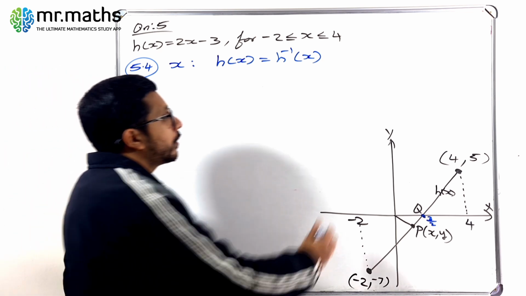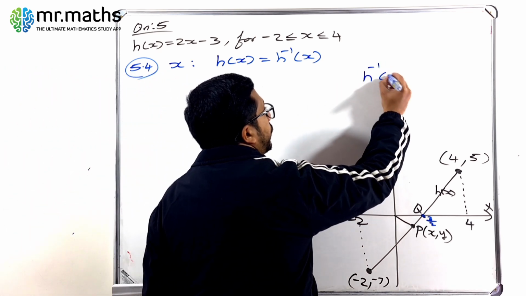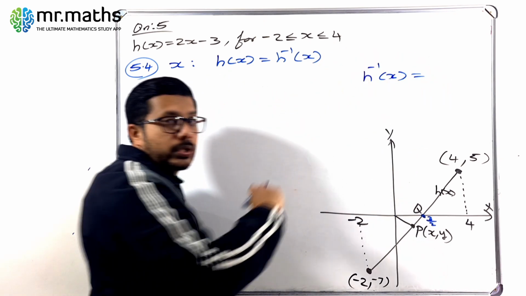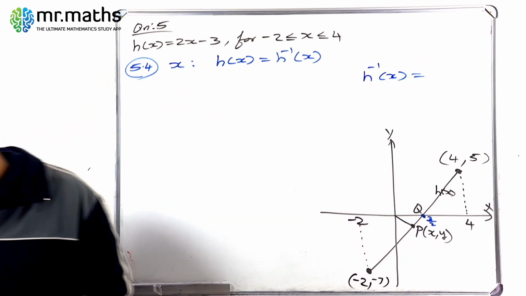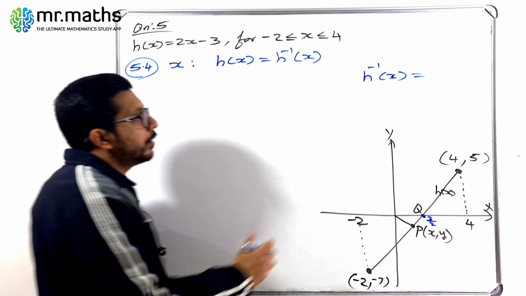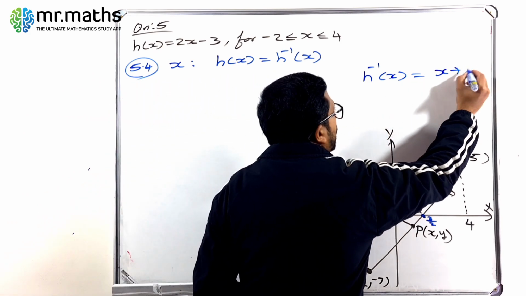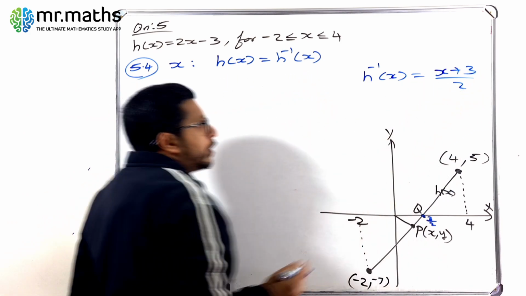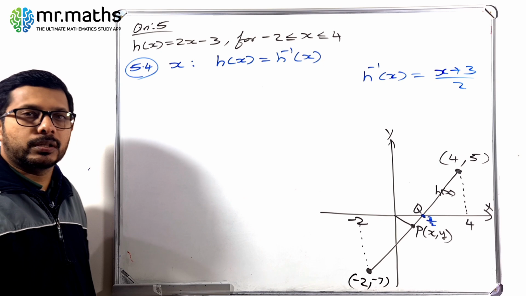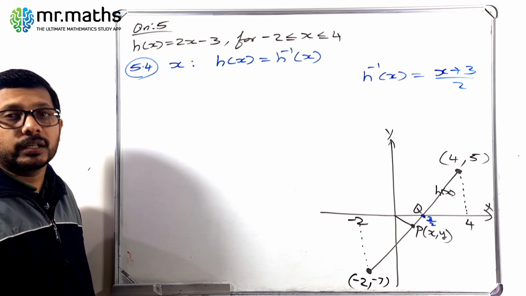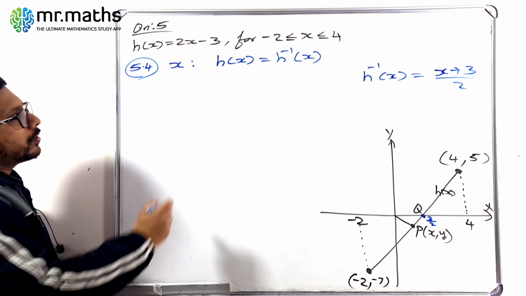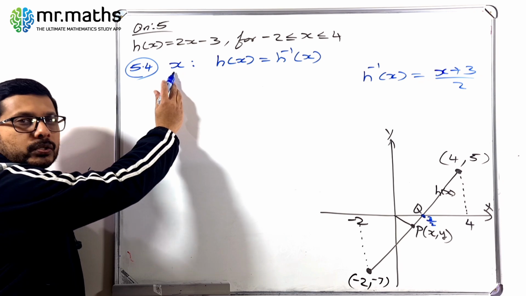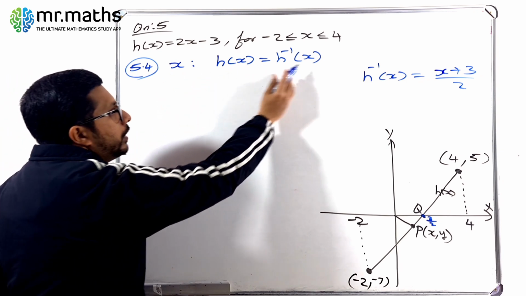So do you remember our h inverse of x equation in the previous question? x plus 3 over 2 or something like that. Yeah, x plus 3 over 2. Okay, so this is our h inverse of x equation from the previous question 5.3. Now in this question you have to find the values of x satisfying this condition.